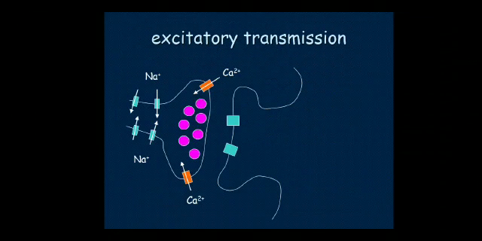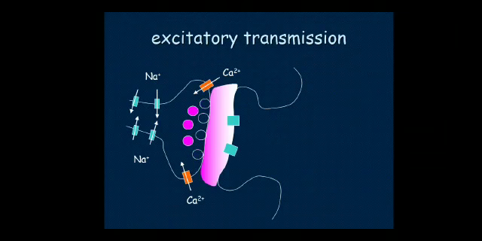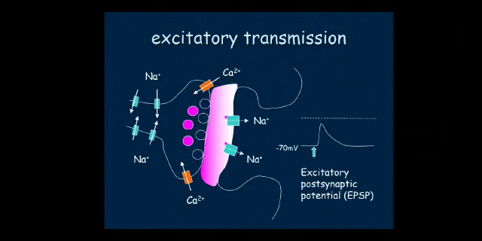This is what I explained. So you can see in the diagram the vesicles, and then the transmission. Here you can see minus 70 millivolts, so there will be a rise towards the positive of around 10 to 20 millivolts, but it cannot fire.